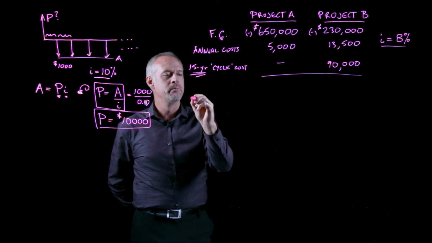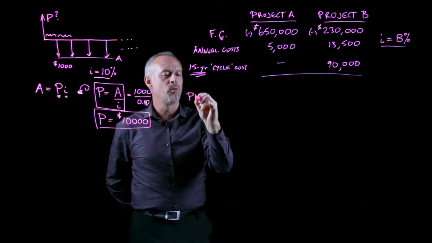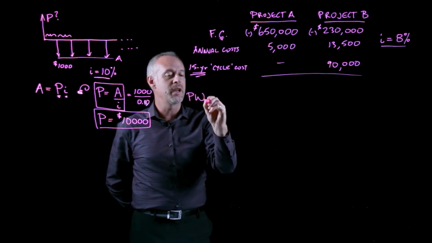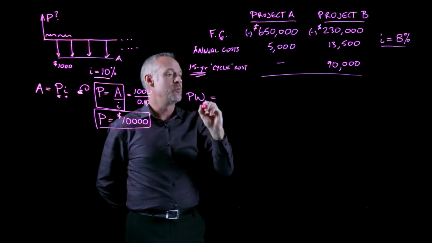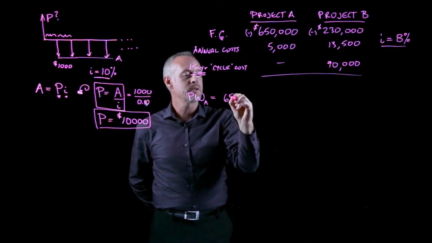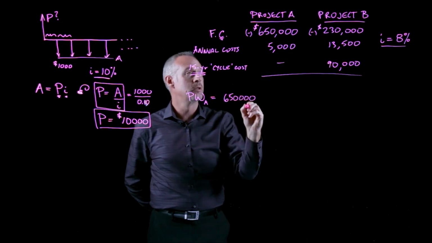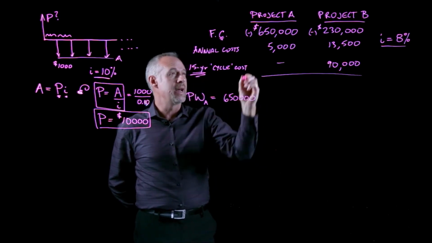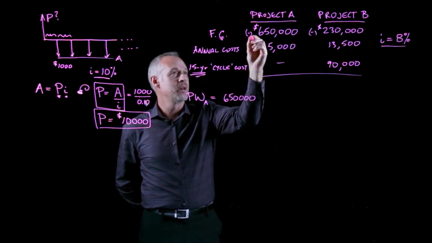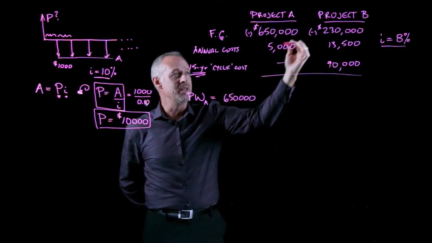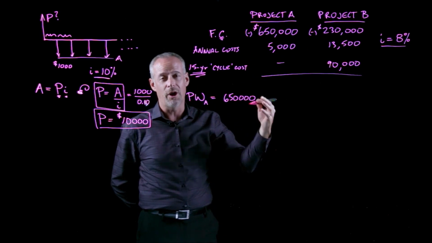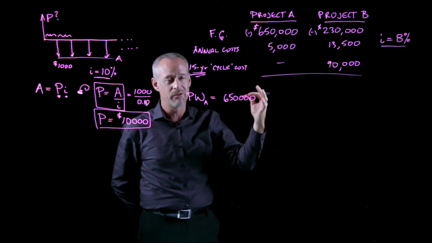So if I write down the present worth of project A, the present worth of project A is going to be my $650,000, and I'll ignore the negative for the moment because everything in both of these problems are costs, so everything is negative.